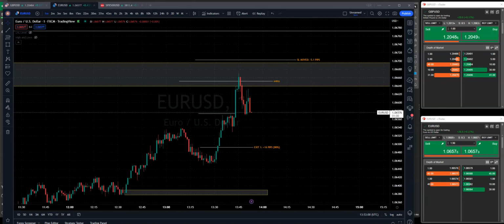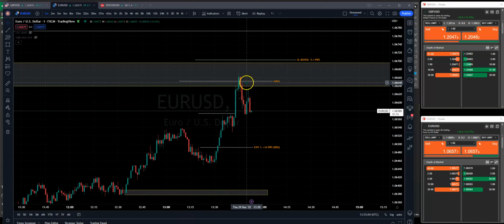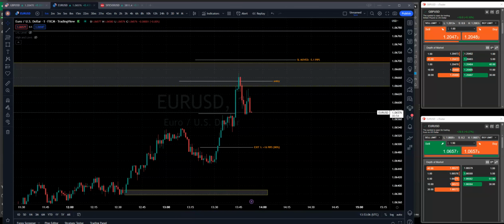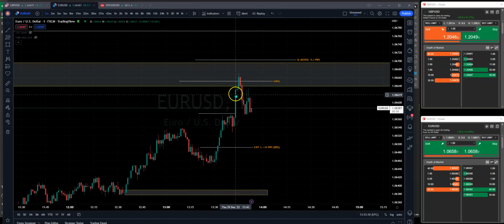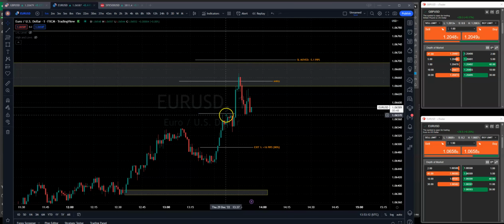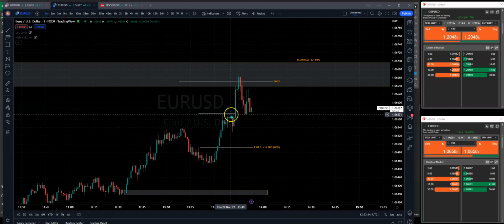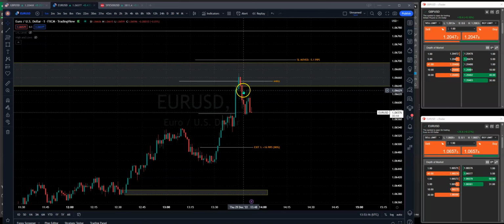Just a mid trade update here. As I took an entry in here, the price nicely filled in this little extension in here, and reacted quite nicely to this base, and currently failing.